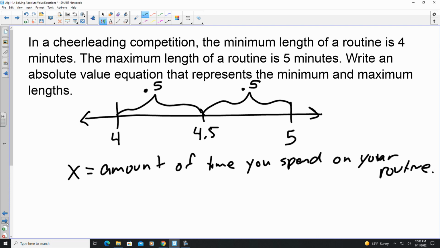So I go over here and say, okay, if I take the absolute value of x minus this 4.5, it will now be equal to the distance from here to here, which is 0.5.